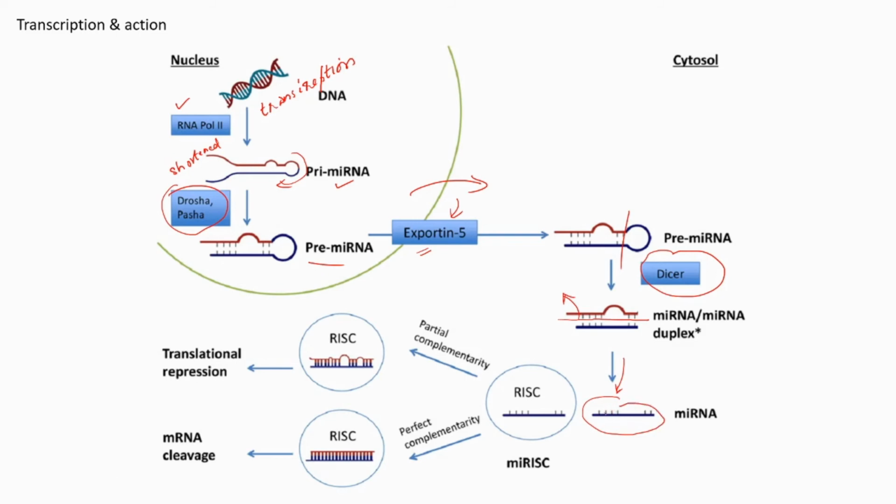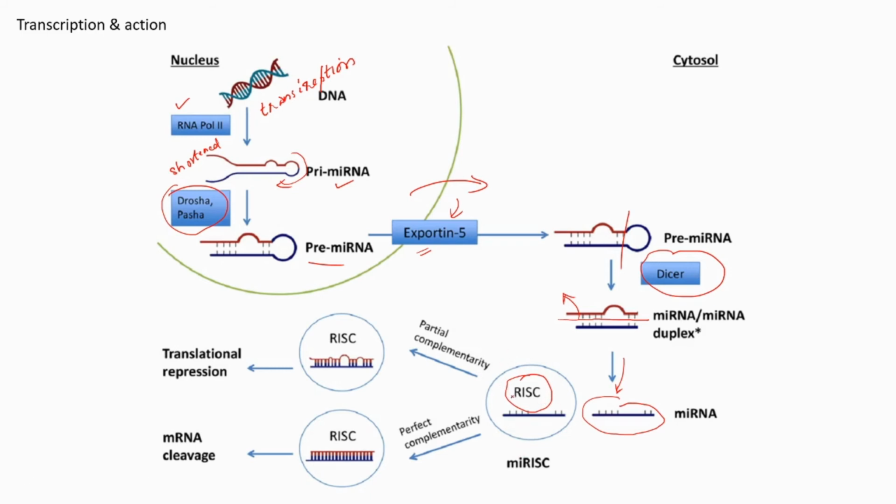And this miRNA, in combination with some other proteins, becomes another molecule called RISC. This is a huge protein complex. It is called RISC because the miRNA is also a part of this complex.